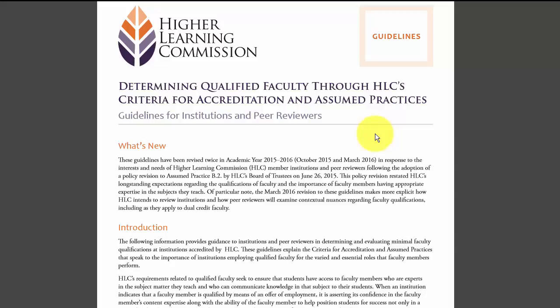All right, so let's start off. We have 3 instruments, and they're for the 3 areas. There's really 4 areas the Higher Learning Commission has where you have these faculty qualifications coming into place. I'll briefly highlight them for you.